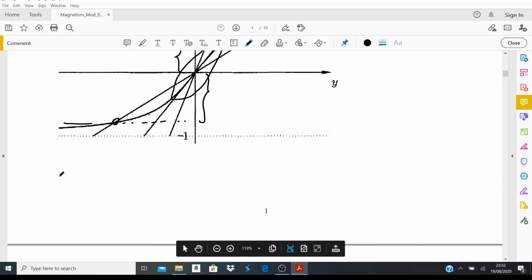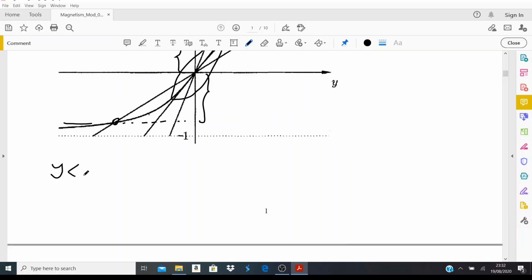In one of the lectures, I have shown you that when y is very small, the Brillouin function can be approximated by this expression.